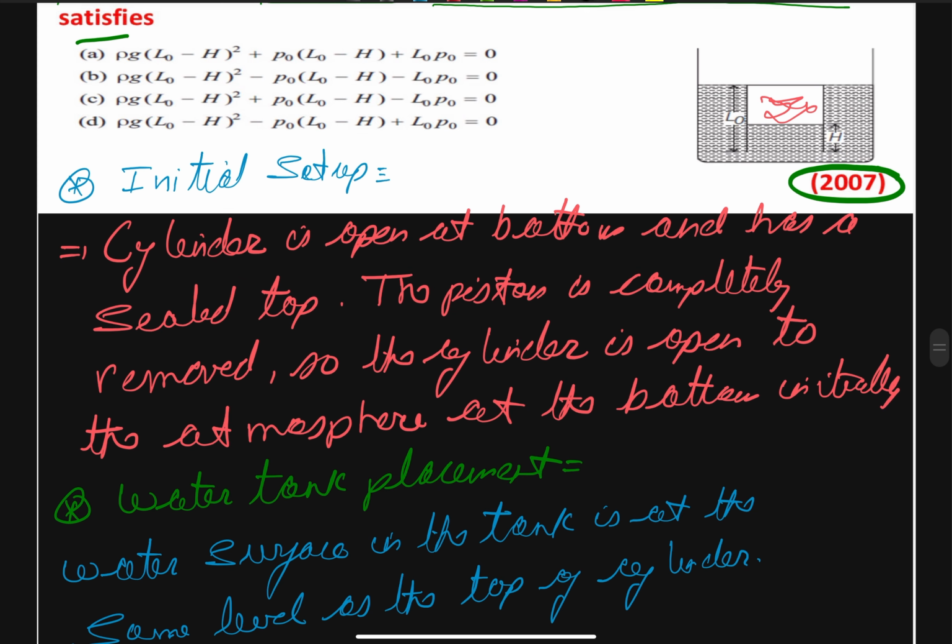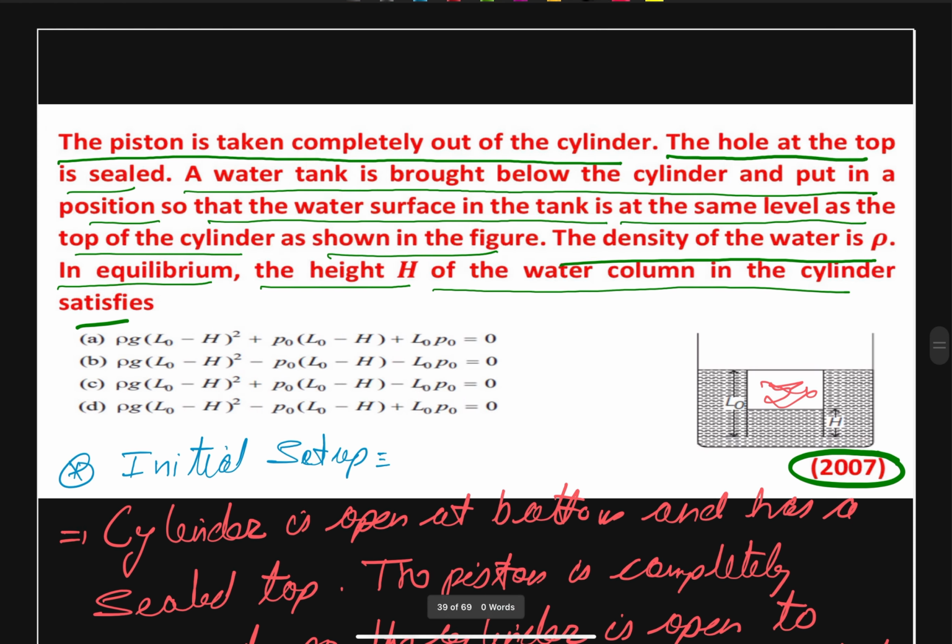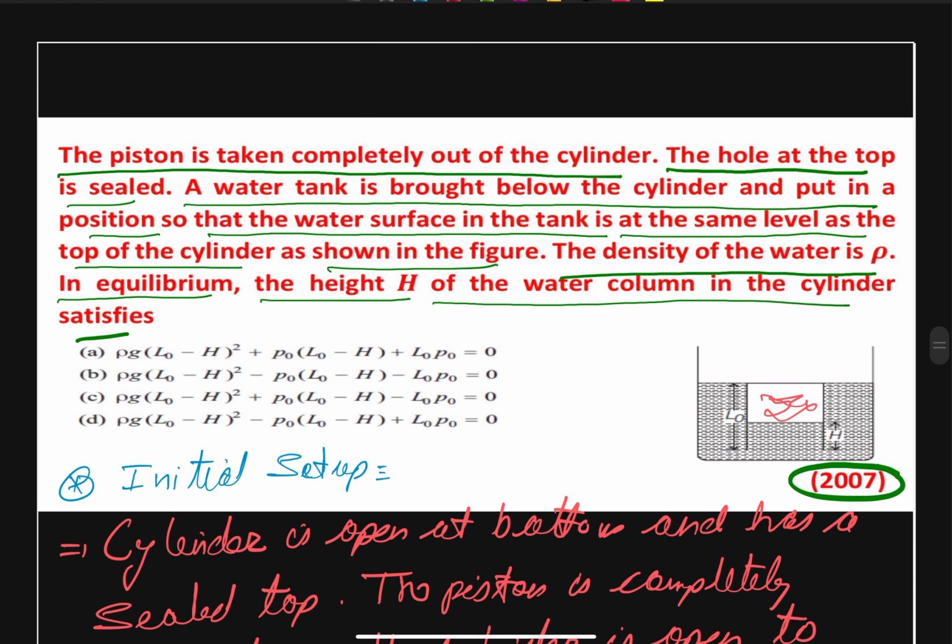And we are also given that, let us take that the bottom of the cylinder is at z is equal to 0 and top of the cylinder will be then at z is equal to L naught. Okay.